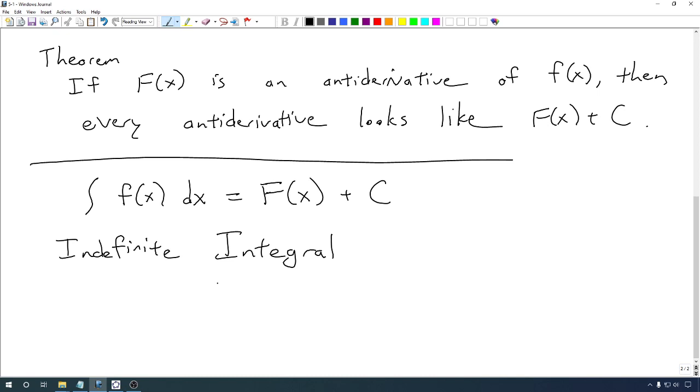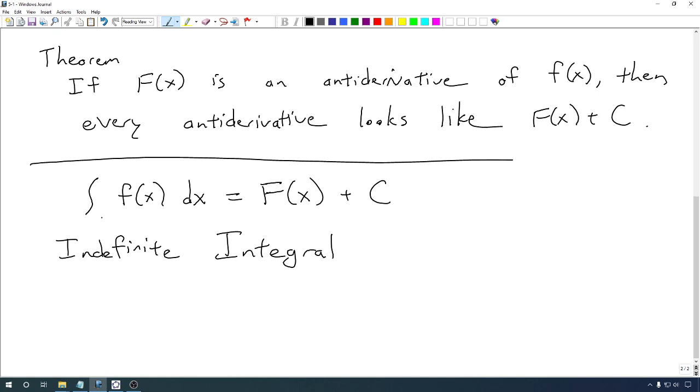And the process of finding these antiderivatives will be called integration. I'll explain why we call this the indefinite integral later on. For the moment, we might even just call it the integral, but there is another type of integral that we'll be talking about a little bit later, and we'll actually come at it from a slightly different perspective.